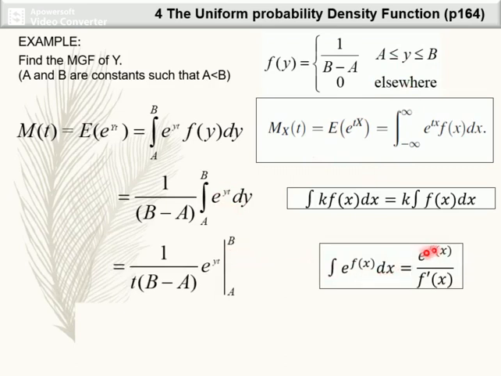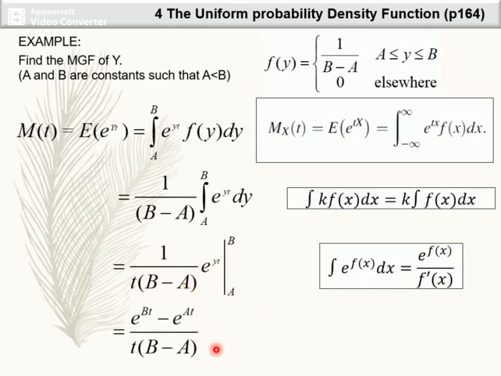So you're taking e to the yt and then dividing by the derivative of yt. The derivative of yt is t. So that's where this t comes from, and that remains there. Now all you need to do is substitute the upper and the lower limits, and this is what you end up with. E to the power of bt minus e to the power of at times this thing.